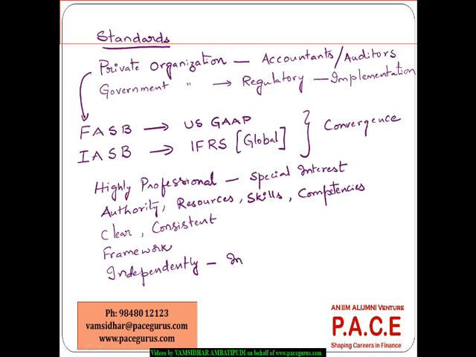Though some kinds of inputs are taken from the various stakeholders, the body should be working more and more independently, and any decision that this body is making with respect to the standard should be more or less in the interest of the public. So all these are some of the important necessities, especially with respect to setting of the reporting standards.